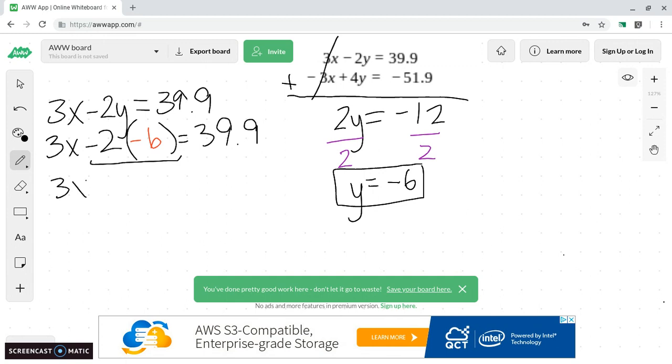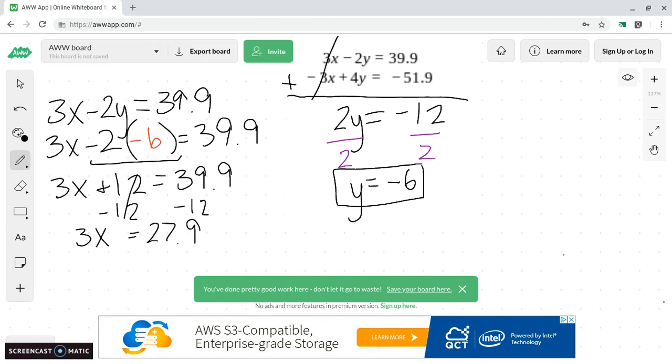So we have 3x plus 12 equals 39.9. To solve for x, we want to subtract 12 from both sides. So 39.9 minus 12 is 27.9. So we have 3x equals 27.9.